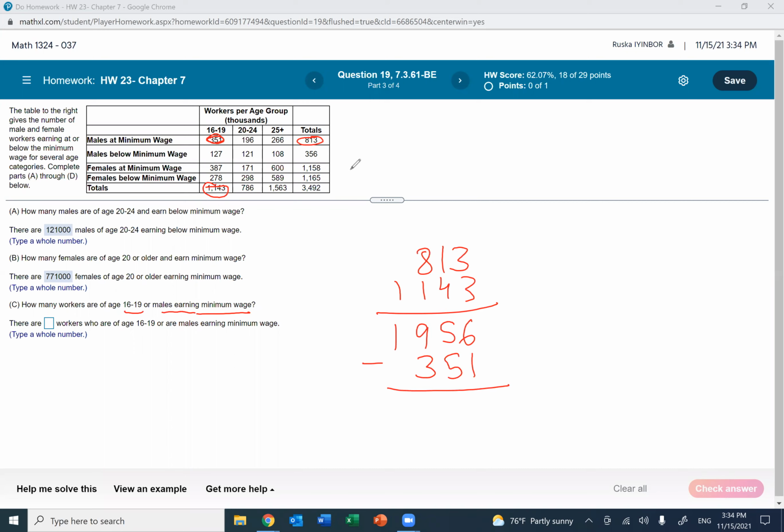And the question is, how many people voted for this politician in the first or second election? So you're going to add this number plus this number plus this number, because this is the area where you have OR.